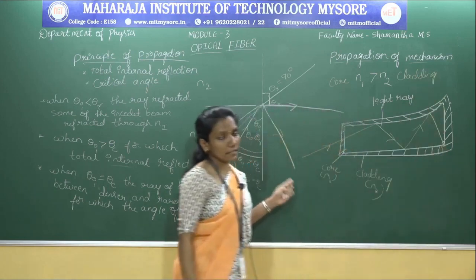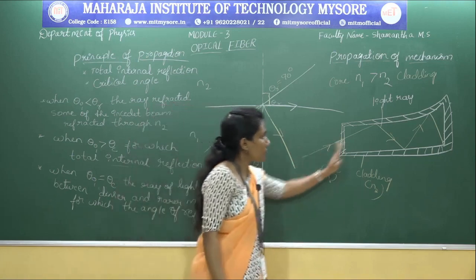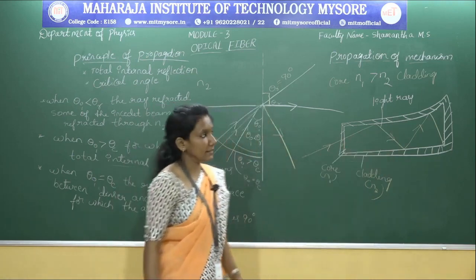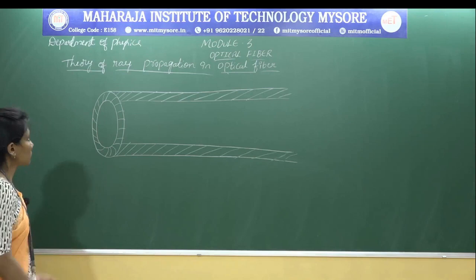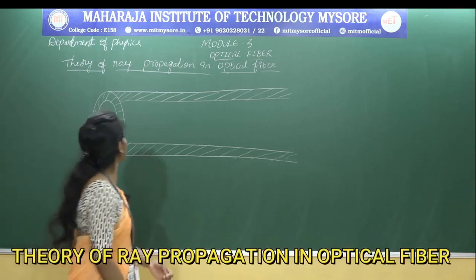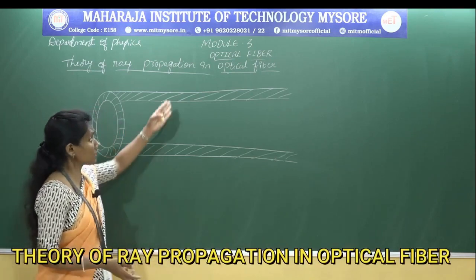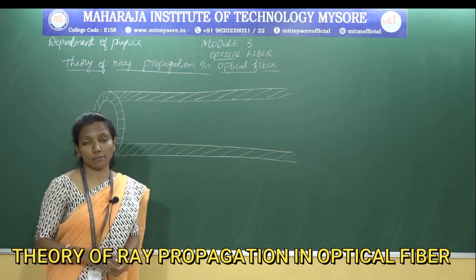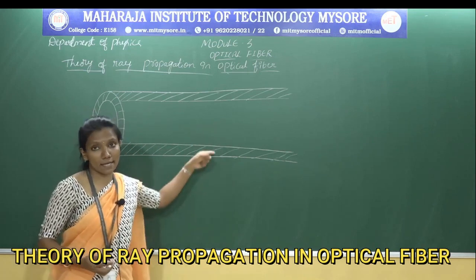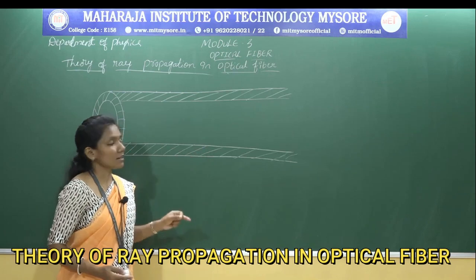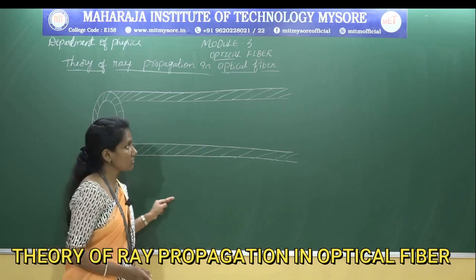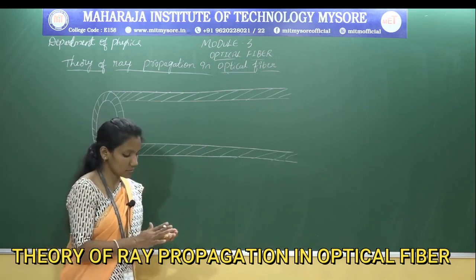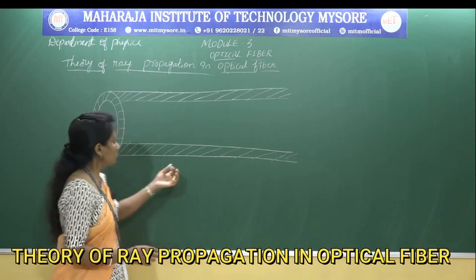Then only the light ray will propagate from one end to the other end. So, next is the theory of ray propagation in the optical fiber. How the light ray will propagate inside the optical fiber with total internal reflection, and what principles it includes. So, let us see.